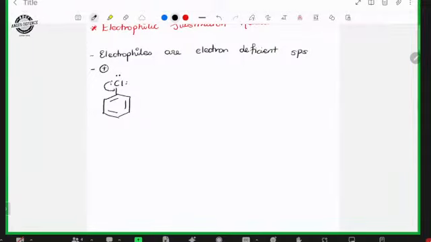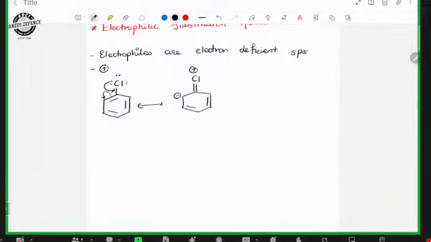So this lone pair will come in this position. This bond will get broken and it will come at the ortho position and we will get a resonating structure somewhat like this. Cl plus, the bond has broken and it has come to the ortho position, so we are getting minus charge at the ortho position, and the remaining pi bond will be as it is.